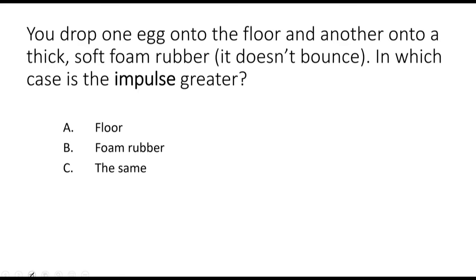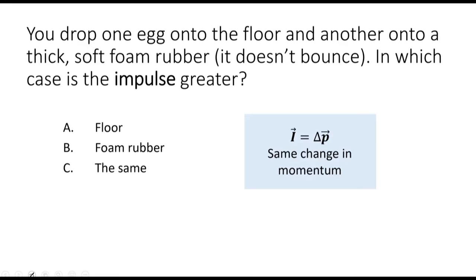Okay, so let's do a quick example here. You drop one egg onto the floor and then another onto a foam or rubber pad, and it doesn't bounce. And we want to know which one has a greater impulse acting on it. Okay, so this goes back to this principle that the impulse is equal to the change in momentum. The first case, an egg dropping on the floor, it's probably going to smush on the floor.